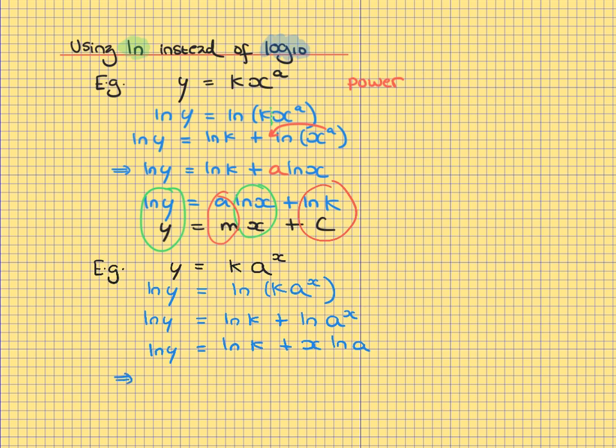And then let's just do a little bit of rewriting. So ln y is equal to ln a multiplied by x plus ln k. And again, comparing to y equals mx plus c, we can very clearly see that ln y goes on the y-axis, x goes on the x-axis, the gradient is ln a, and the y-intercept is ln k.